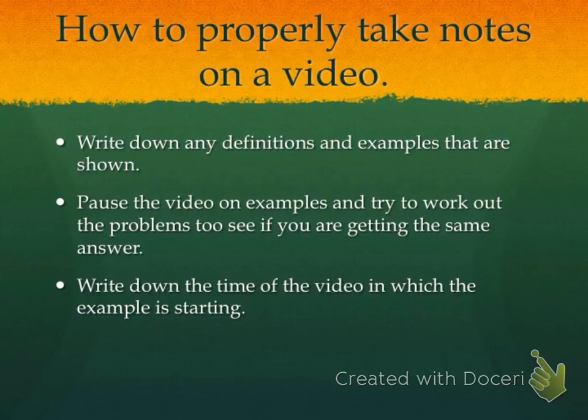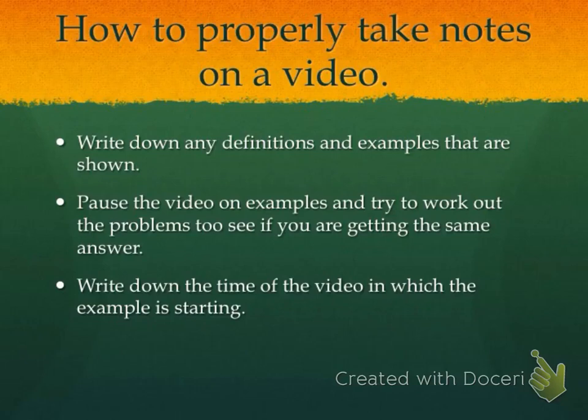This is a great way for you to be able to check your understanding to make sure that you know what you're doing. If something is not working out, that's the time that you're going to want to write down the time of the video in which the example is starting. Because if you write down the time, you're able to go back and look at that video, and then you're able to watch the video again.